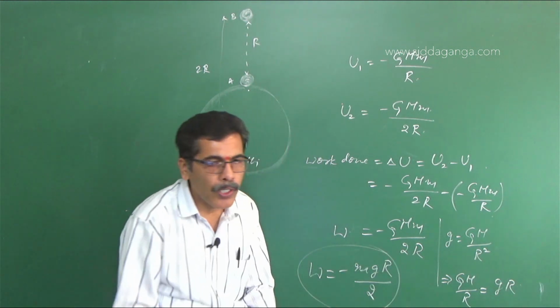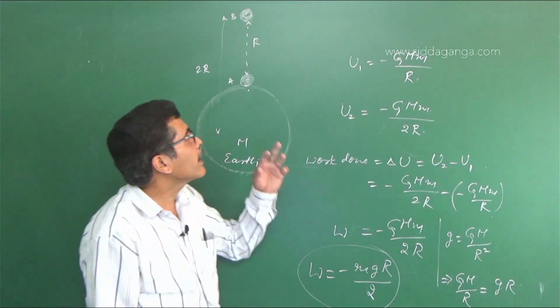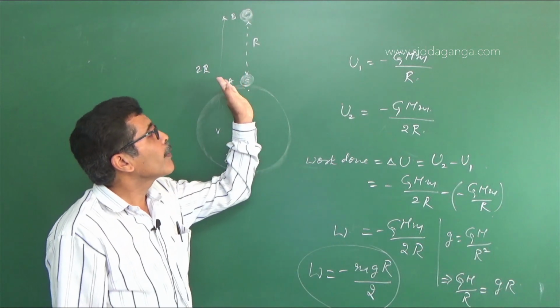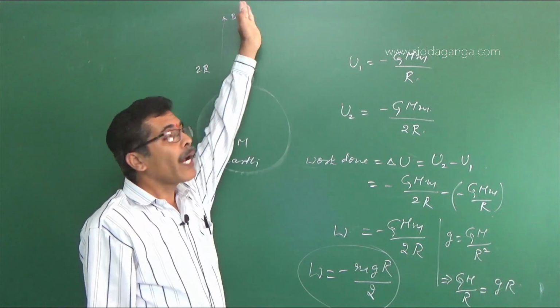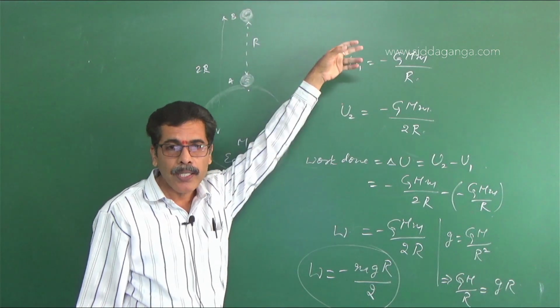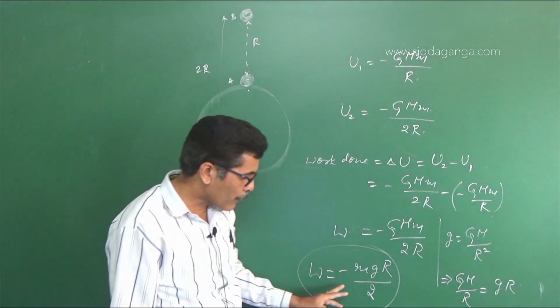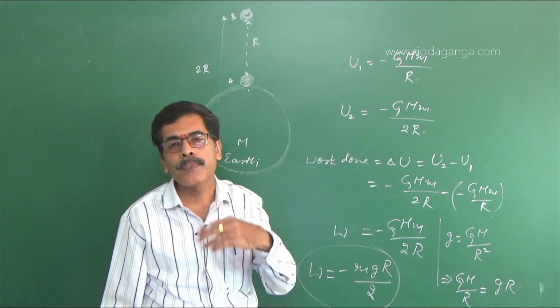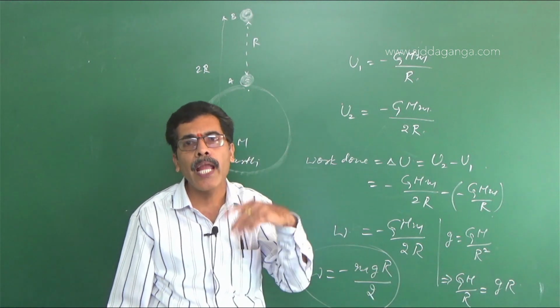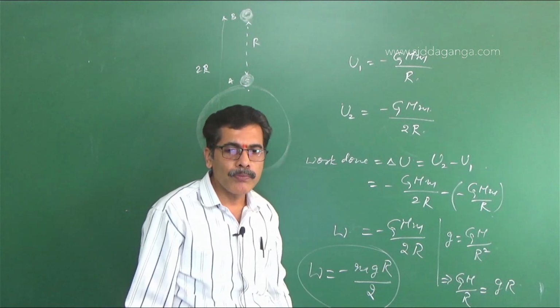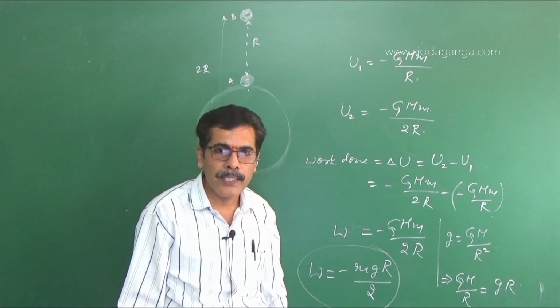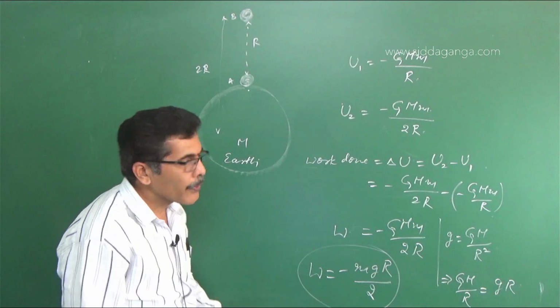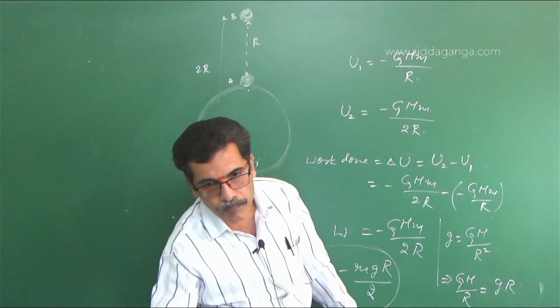Therefore, the work done in shifting the body of mass m from the surface to a height equal to the radius of the Earth is W is equal to mgR divided by 2. Here the negative sign indicates that work is done against the gravitational force of attraction. That's why it is negative. I hope you have followed this.